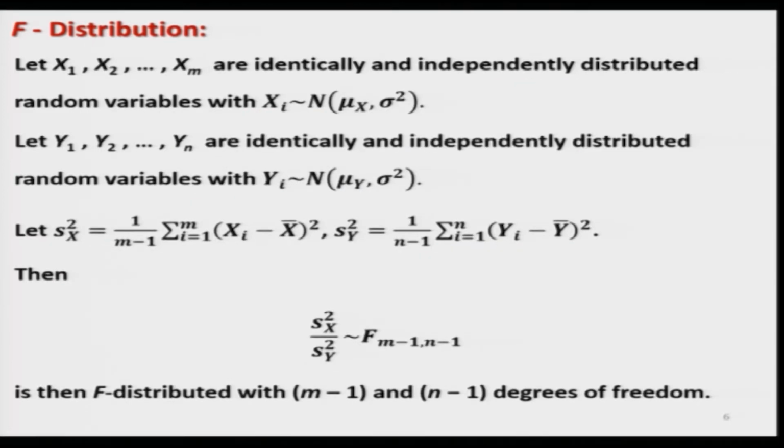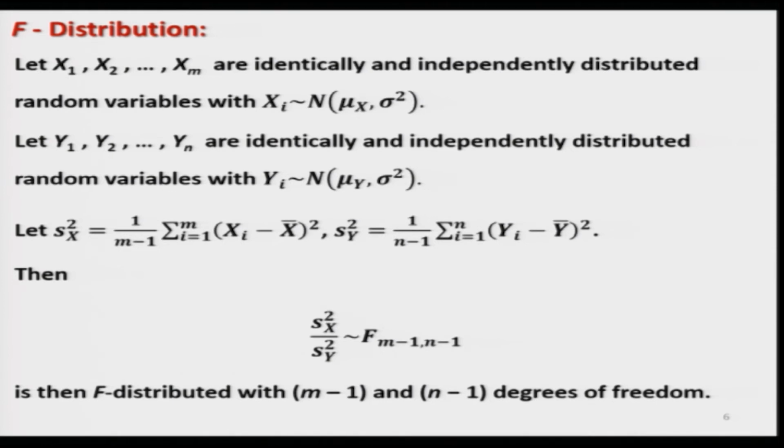So, now let us consider some important results, because of which F has become very popular in the area of statistical inference, and it helps us a lot in drawing different types of statistical conclusions based on tests of hypothesis and other things.